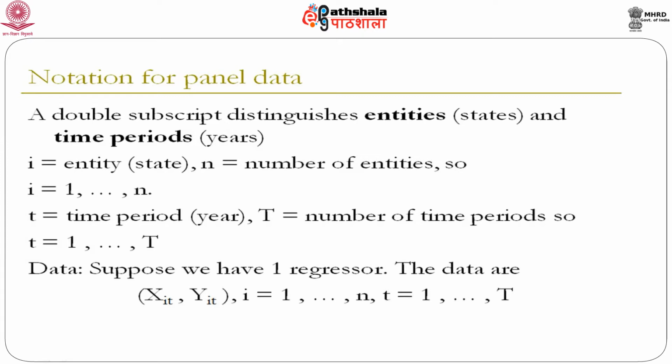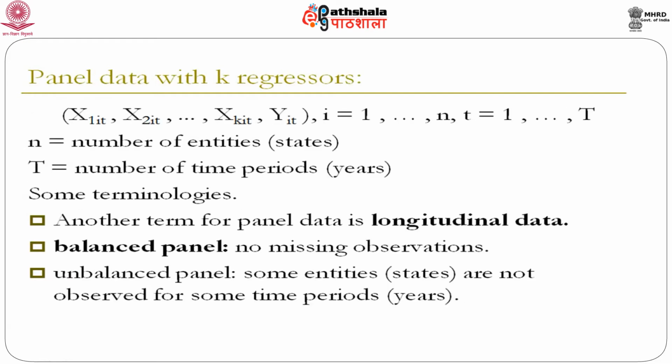i is the entity, that is the state, and n is the number of entities, so i runs from 1 to n. T is the time period, and capital T is the number of time periods, so that small t runs from 1 to T. Suppose you have one regressor, then the data are Xit, Yit, with i running from 1 to n and t running from 1 to T. So, n is the number of entities (states) and T is the number of time periods (years).